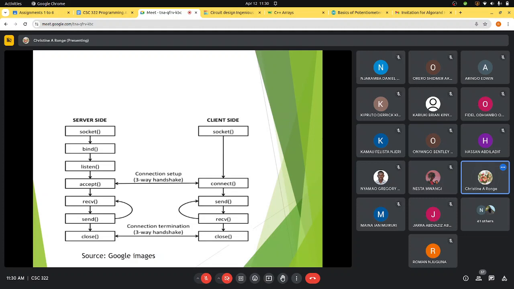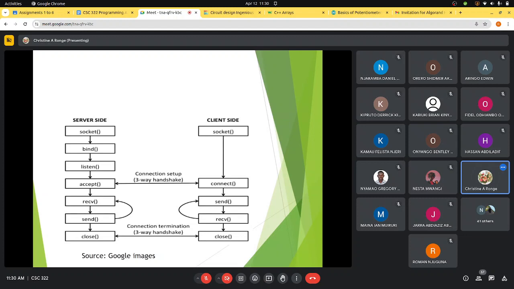And notice that after you have received those 4, you still must wait an interval of time equal to twice the maximum expected segment lifetime. And this is to allow for that situation where data may get lost.